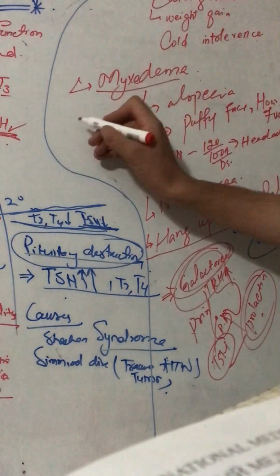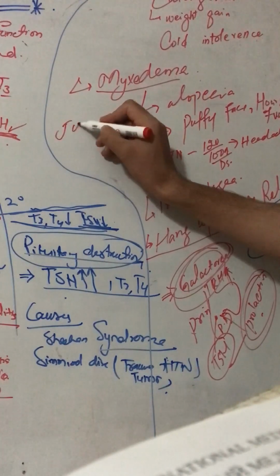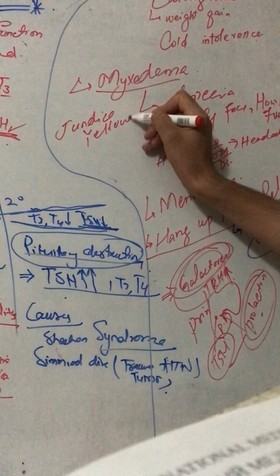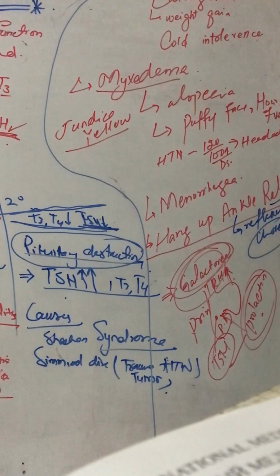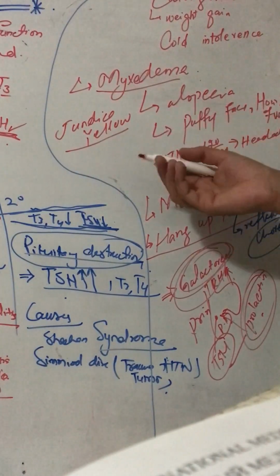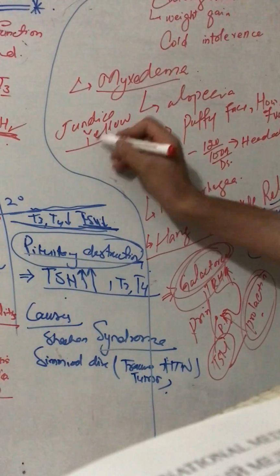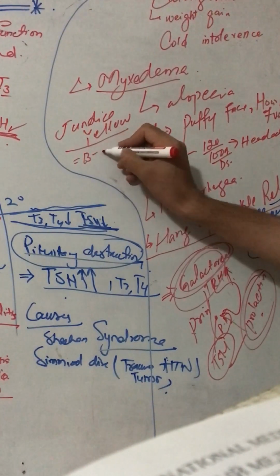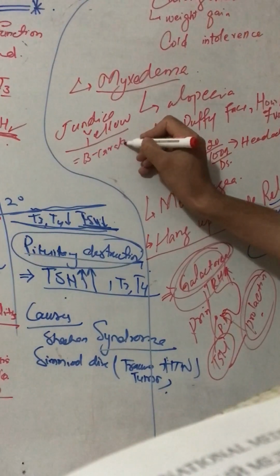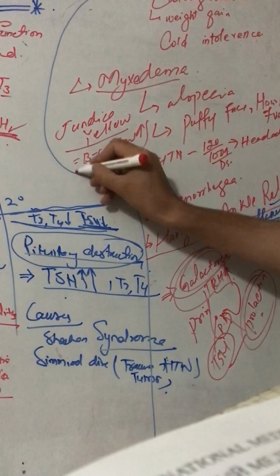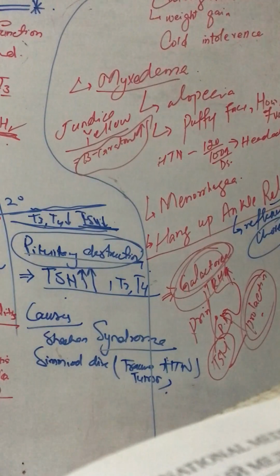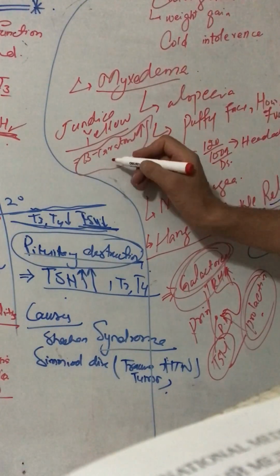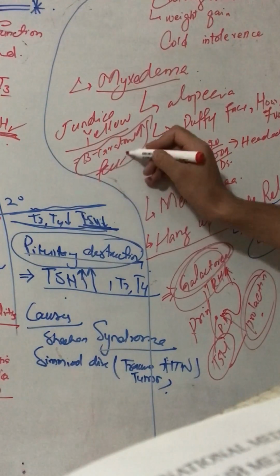as well as jaundice of the skin, or yellow color of skin. The patient will tell the doctor that I have hepatitis or jaundice, but there will be no jaundice. So in this condition, the beta carotene increases in the skin, because there will be no feedback to decrease the beta carotene.